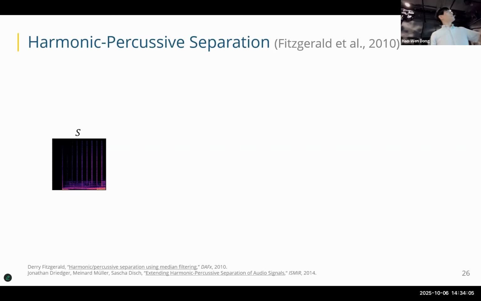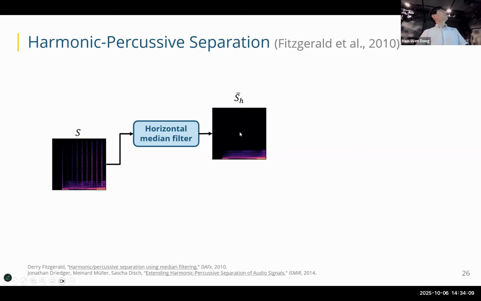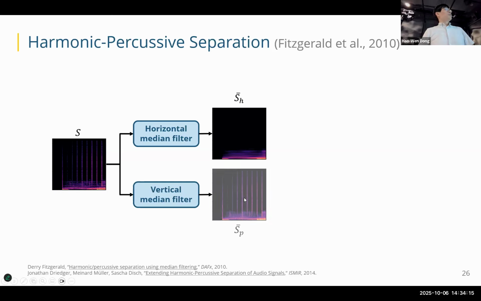You have a spectrogram that looks like this. You do a horizontal median filter, so you get a spectrogram where all the vertical parts are gone. You do a vertical median filter where all the vertical parts are enhanced, but the horizontal stripes will be blurry.